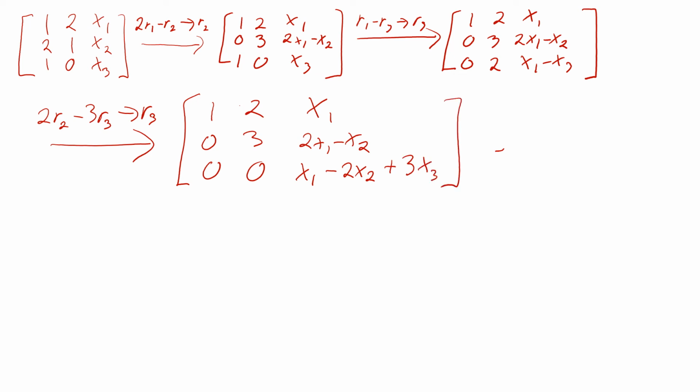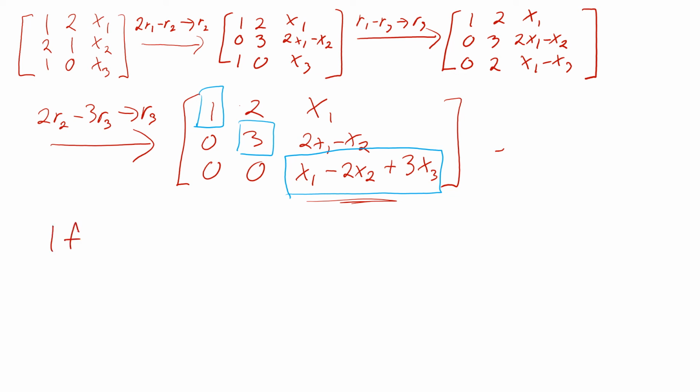3x3. Now I have a leading entry in my first column and second column, that's no problem. But my third column has a leading entry in my augmented row. That means that so long as x1 minus 2x2 plus 3x3 is non-zero, there is no solution.